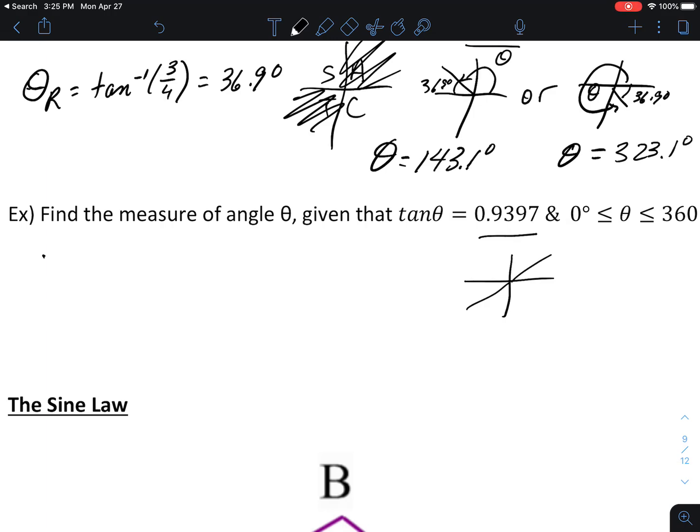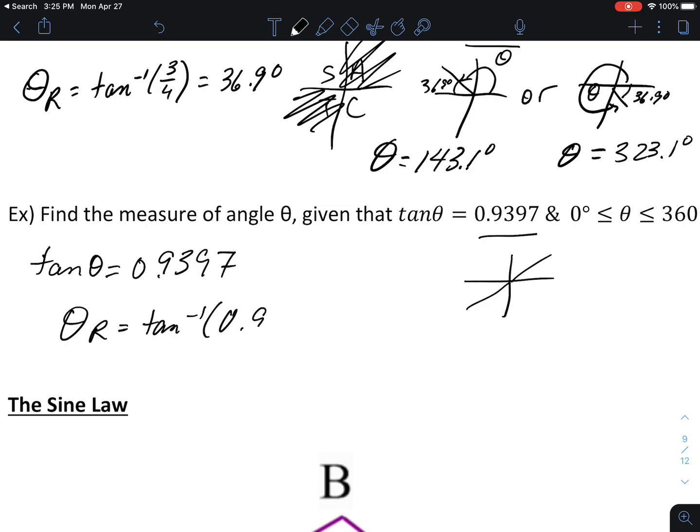And now the last one, this one, tangent's positive. So that tells me that I'm either here or here. But first, let's find the reference angle size. Tan of theta is 0.9397.